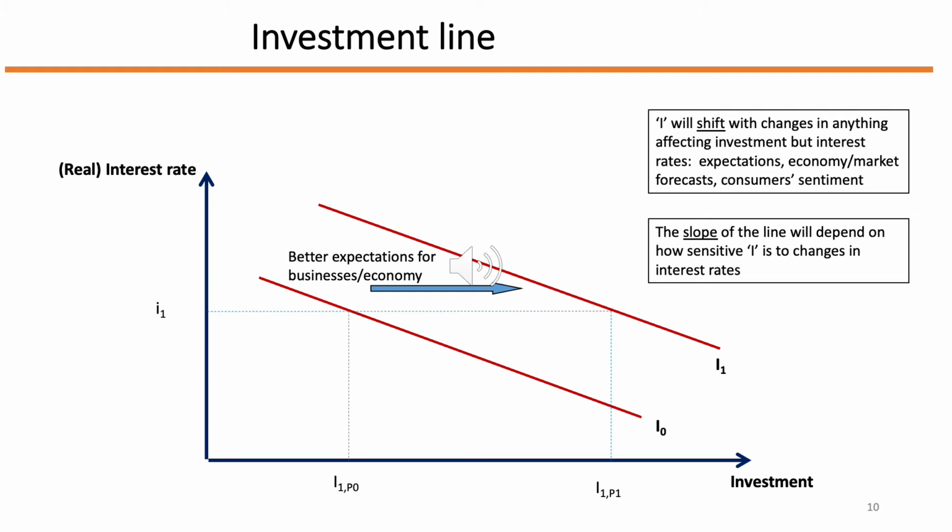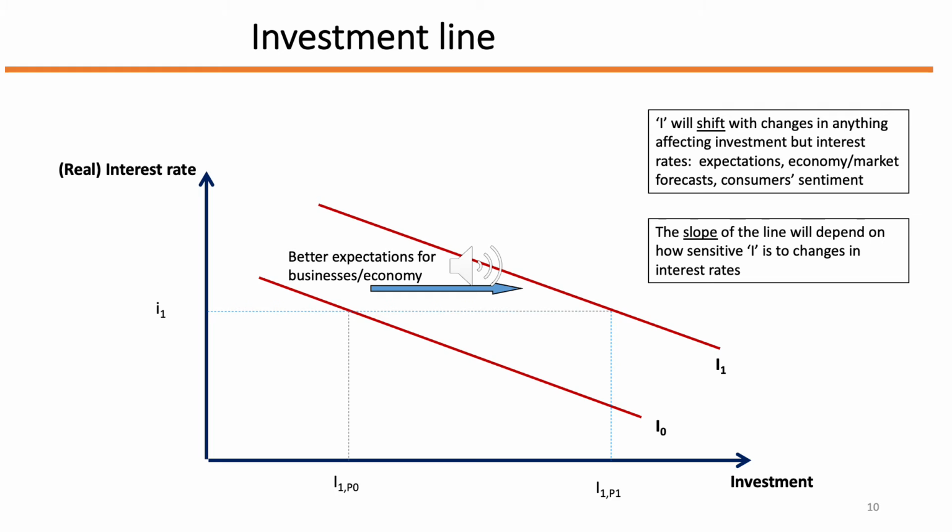What happens when any other indicator or factor affecting investment changes? So say that it's not by changes in interest rates, but anything else. As I mentioned before, it could be expectations, profits, consumer sentiments, anything that changes the perception about how the economy will be in the future. That will produce a shift of the red line, towards the right if a positive shift, or towards the left if a negative shift.